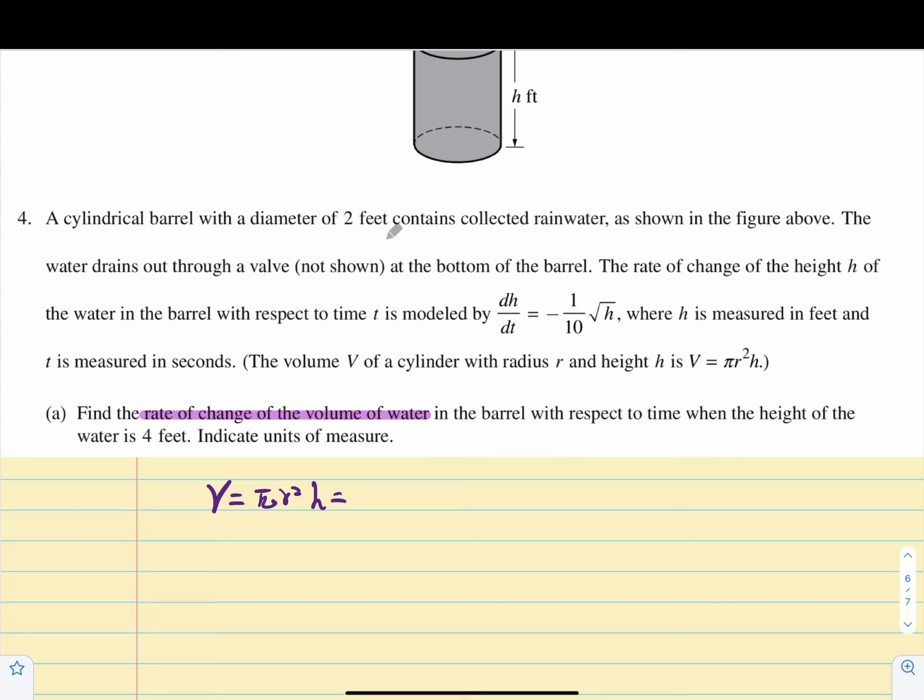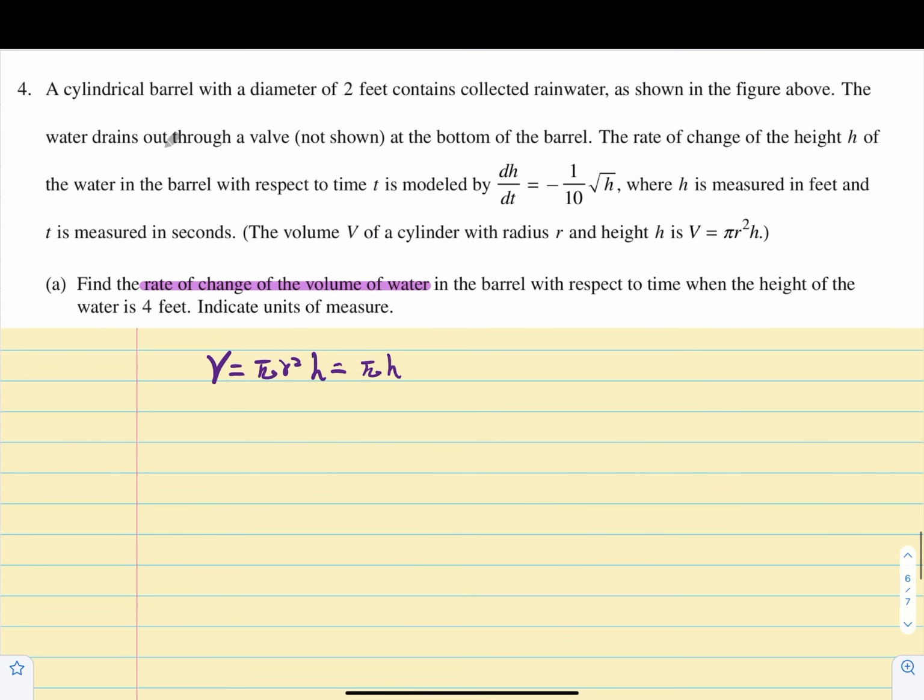So pi times 1 squared times h is just pi h. The rate of change of the volume, dV/dt, means d of pi h over dt.